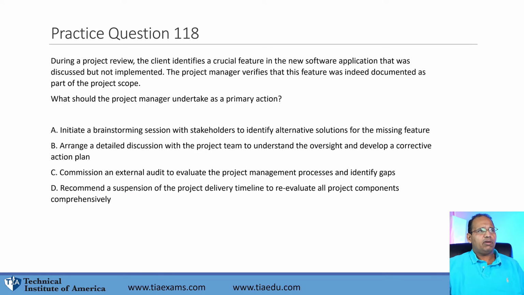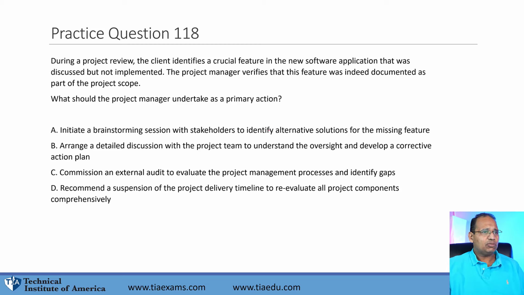118. During a project review, the client identifies a critical feature in the new software application that was discussed but not implemented. So they knew about it, but we didn't put it in. The project manager verifies that this feature was indeed documented as part of the scope. What should the project manager undertake as a preliminary action?